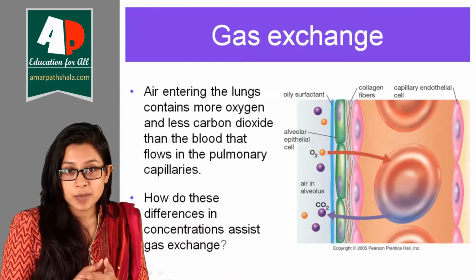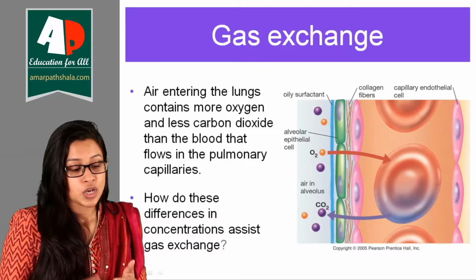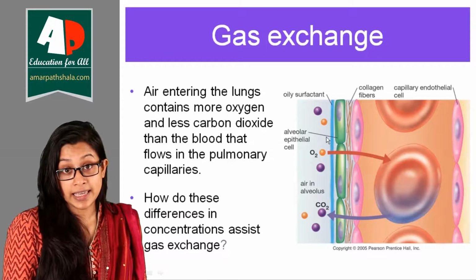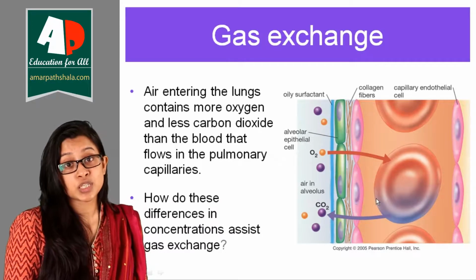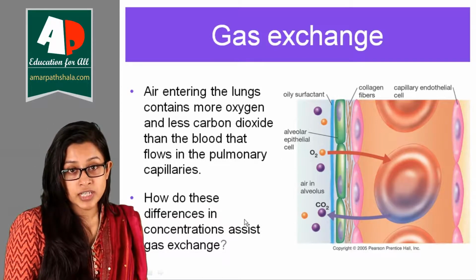So in the end, there isn't usually any imbalance. So this is how the oxygen, which is high in the alveolar air, moves into the blood, and carbon dioxide, which is high in blood, moves into the alveolar region.